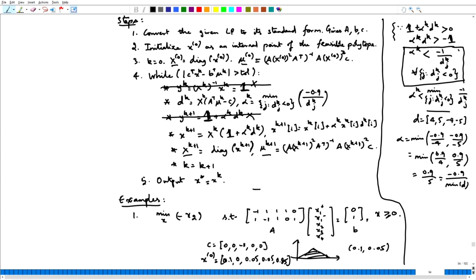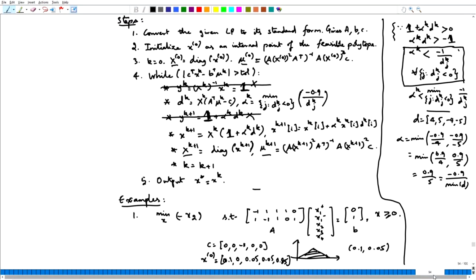The reason is that our projection takes care of this: we take the steepest descent direction and project it onto the null space of A. That ensures we are not moving out of the set at any point, and we are not even moving near the boundary. We are pushed to the interior by the centering and decentering process. All right, let us work out the next example.